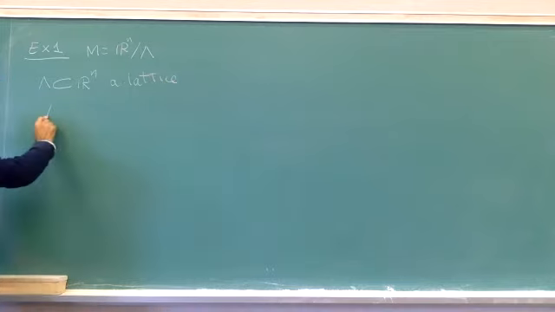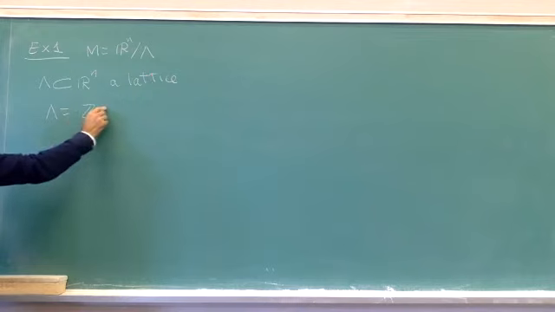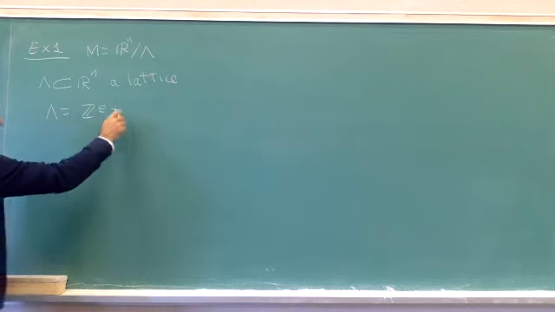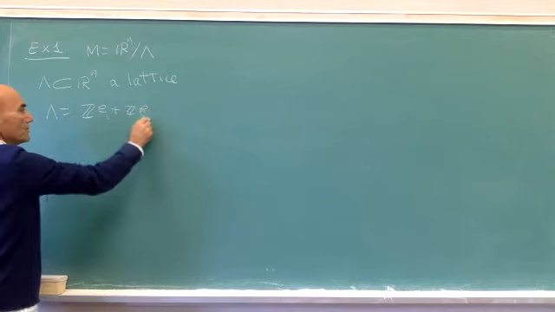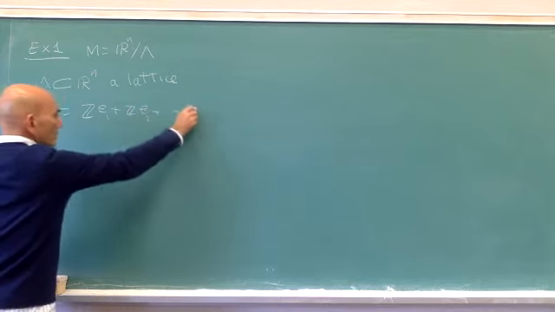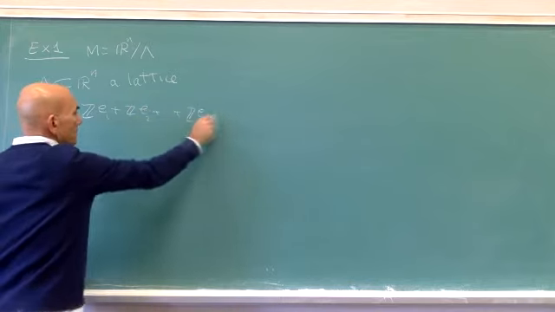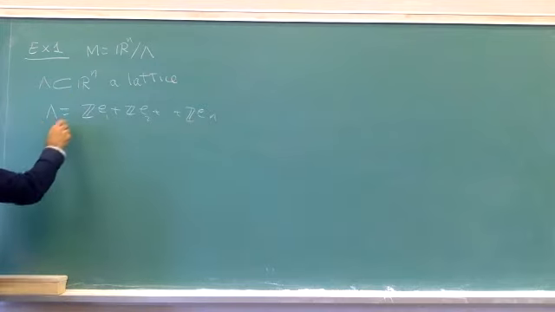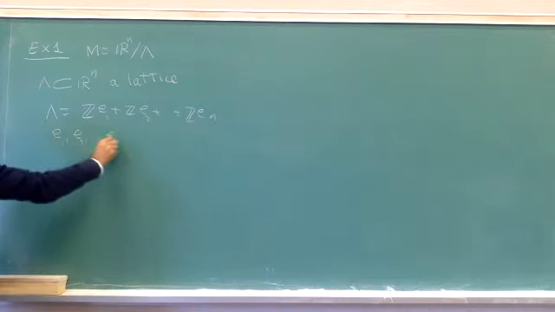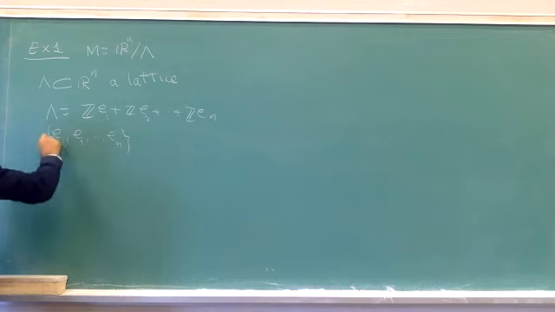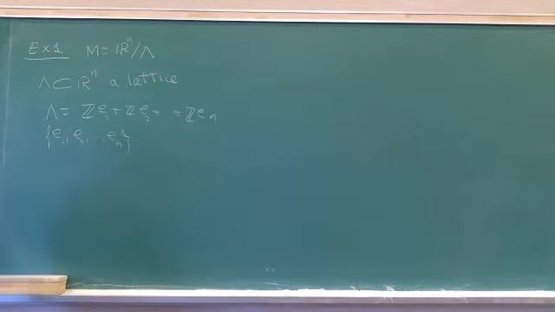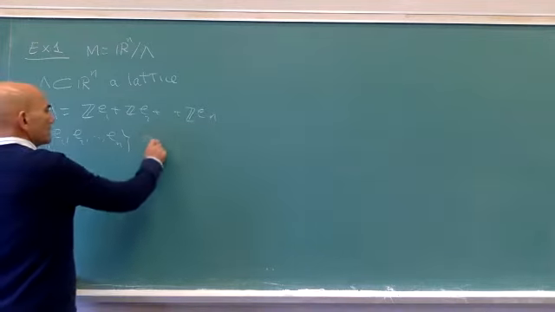A lattice, by definition, is the set of the form Z e1 plus Z e2 plus ... plus Z en, where e1, e2, ..., en is just a basis for R^n. Any basis.